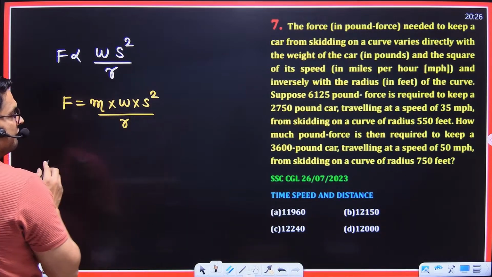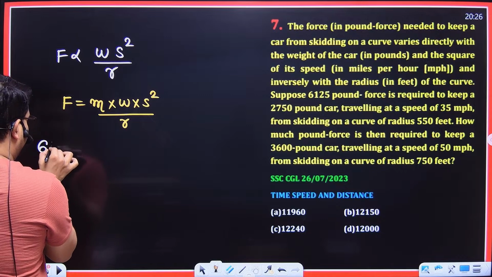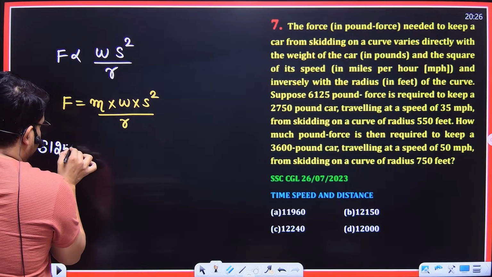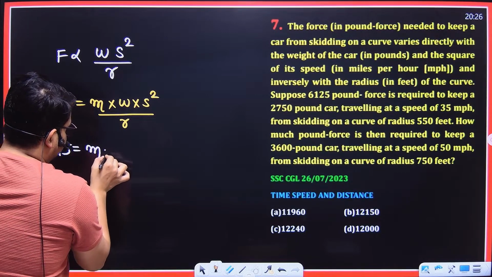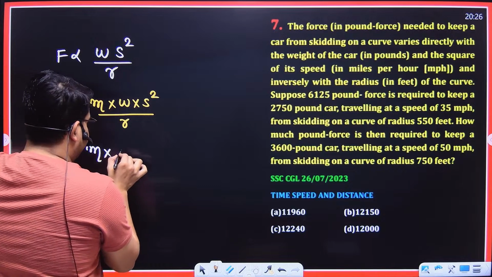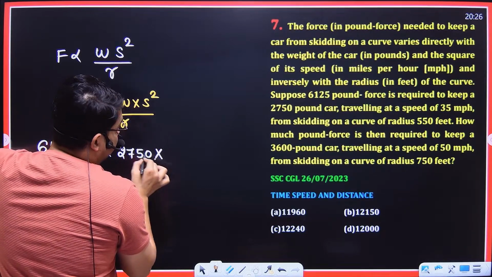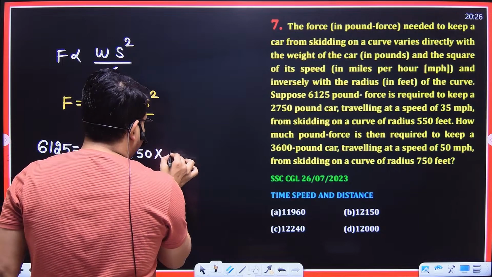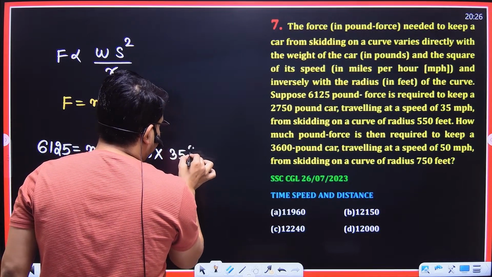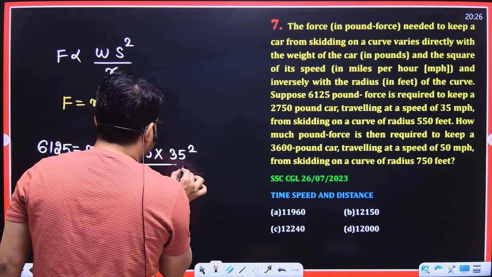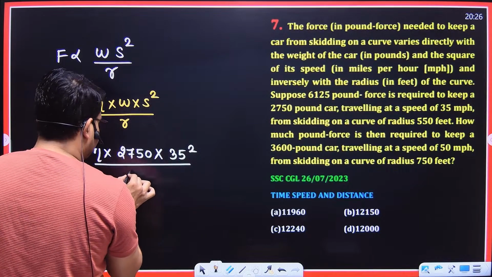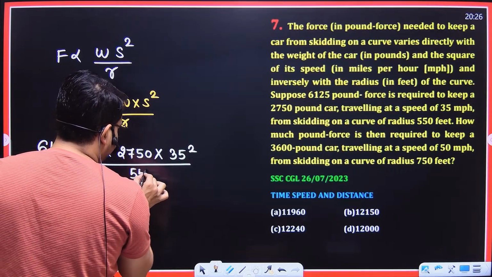What do we have? We have 6125 pound of force. M is not given. The weight of the car is given, that is 2750 pound. Speed in miles per hour is 35, so 35 squared, divided by the radius of the curve, which is 550.